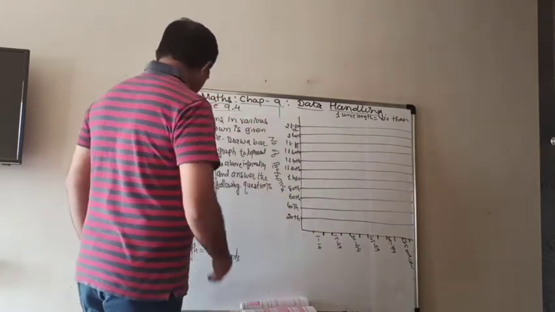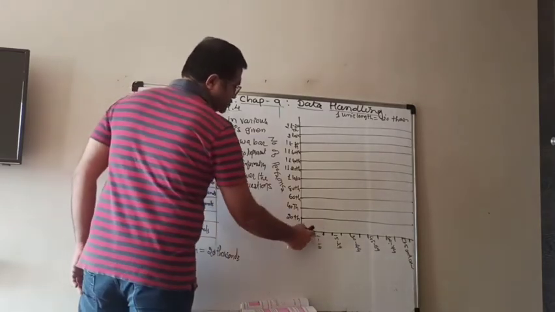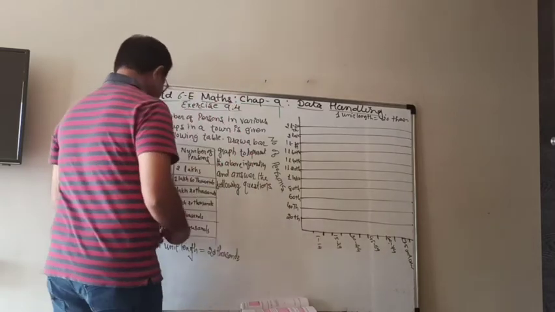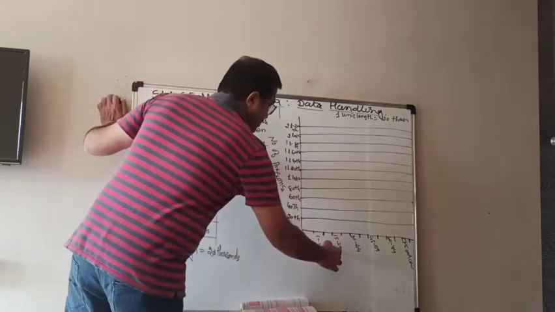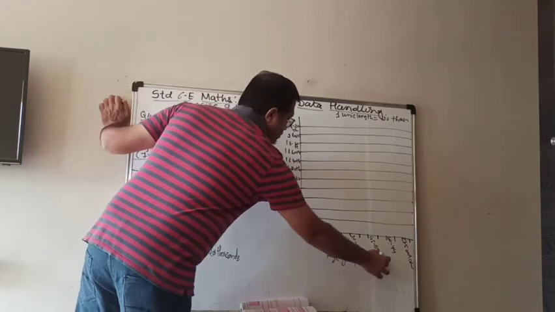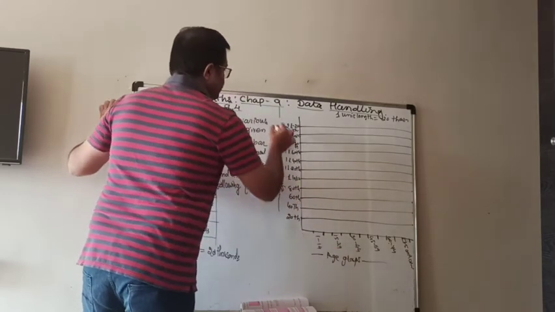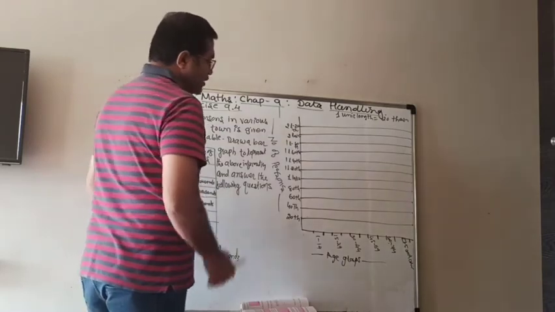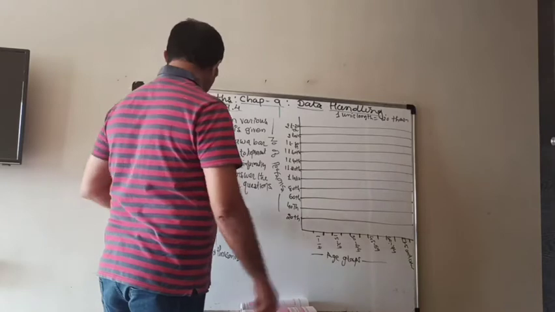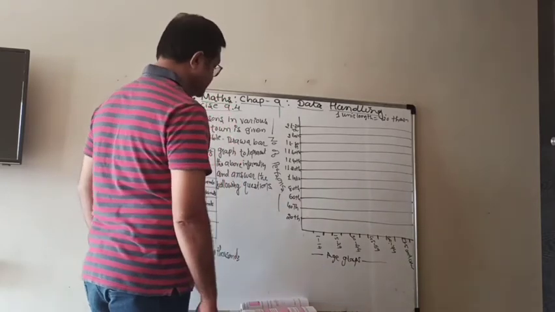So now one by one I put here the age groups also, 1 to 14 years, 15 to 29 years. So here we have to write down the age groups, and here the number of persons. I already made 6 blocks for the age groups, 1, 2, 3, 4, 5 and 6.